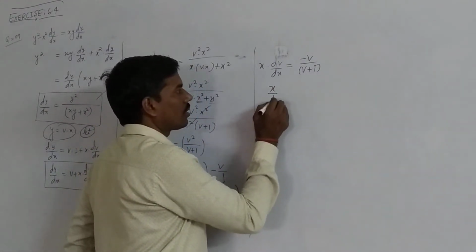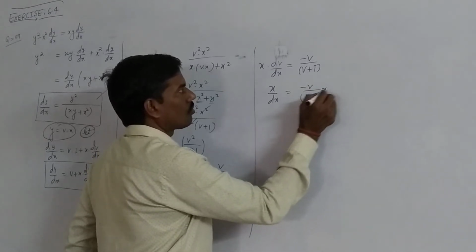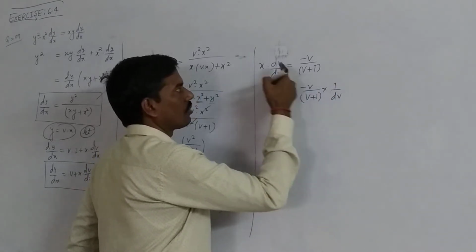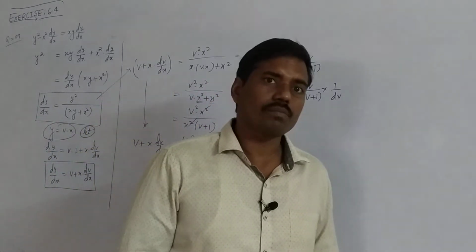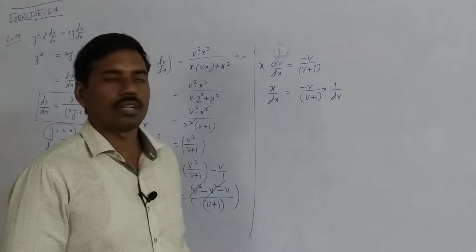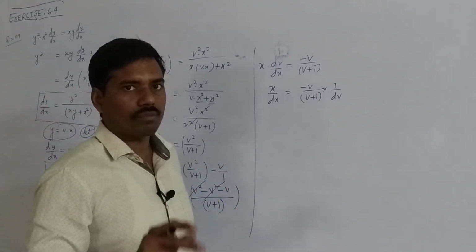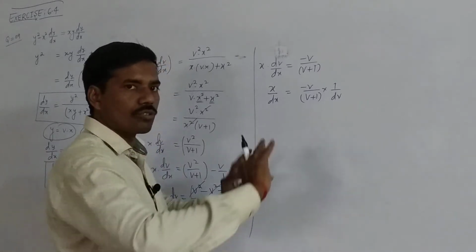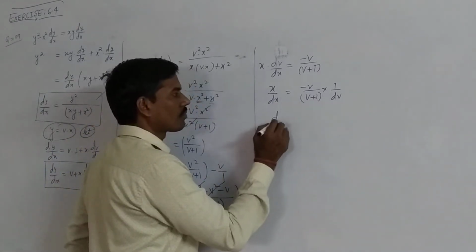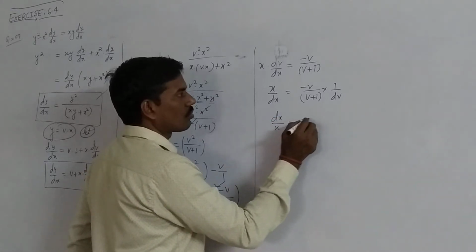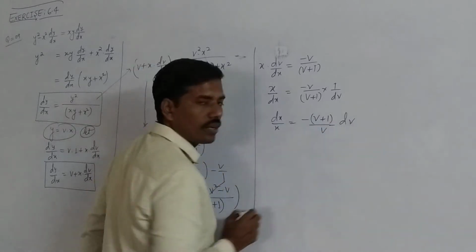We have written x dx upon minus v upon v plus 1 into 1 upon dv. dv goes to right hand side, becomes reciprocal of dv, that is 1 upon dv, and since dx and dv are presented in denominator of the given two equal fractions, we can invert these two equal fractions. We have dx upon x is equal to minus (v plus 1) upon v dv.